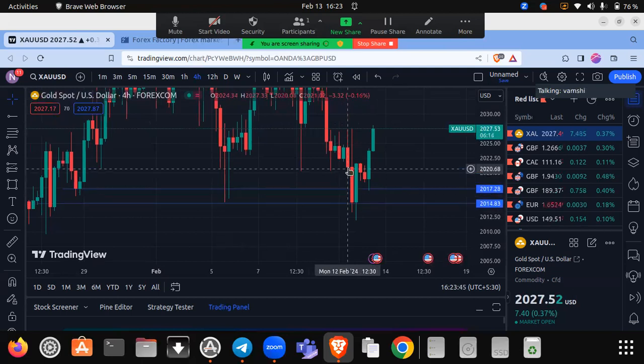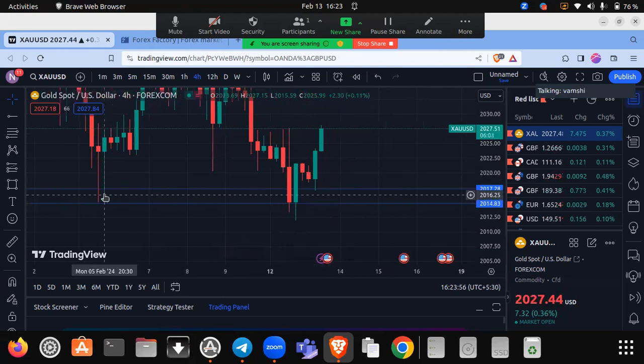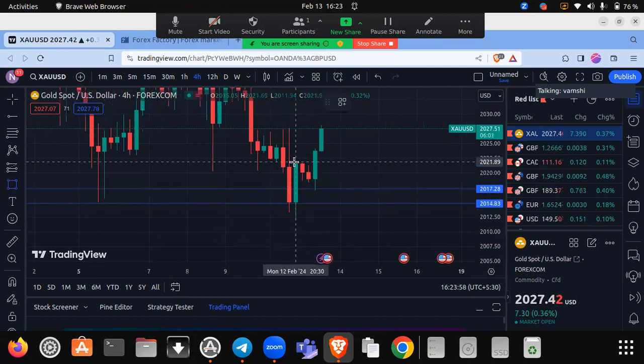Here the price touches the major support level, and here it made an engulfing buy. So this is a very good level, a very good last engulfing level to take a buy trade.